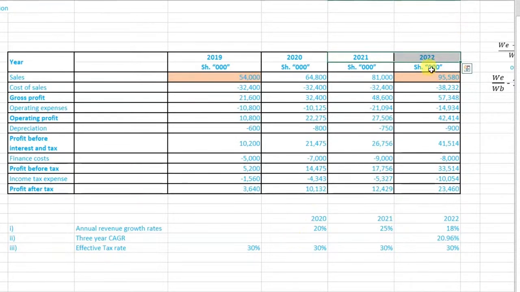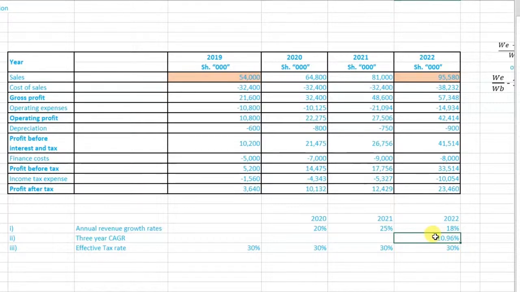So we get the value at the end, we divide that with the value at the beginning, we raise that to power 1/3. Why 1/3? Because we're talking about the 3-year growth period, 2019 to 2020, 1 period, and another period there. So it's raised to power 1/3. And then you subtract 1 to give us the compound annual growth rate.